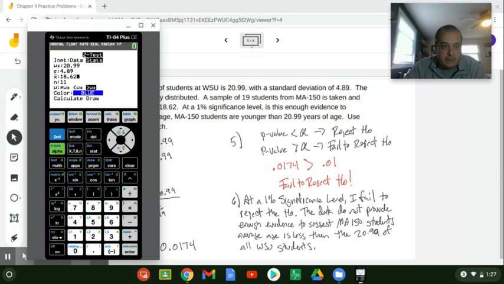My sample size was 19. Now we go down here, we're talking about less than. It's a left-tailed test, less than, because we want to know younger. And then we go down here to calculate. And you can see we got the negative 2.11, just like we got. Our z-score, our p-value is 0.0173, so it's just a little bit off on the calculator compared to the chart, but essentially the same thing, and we'd reach all of the same conclusions.